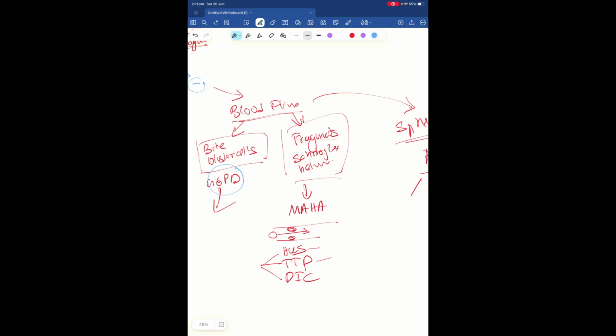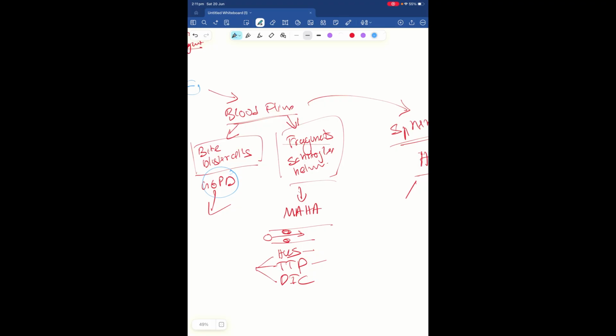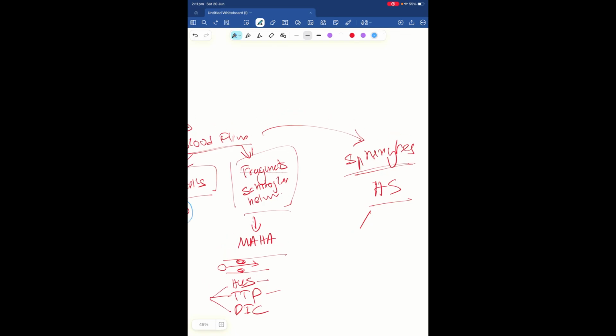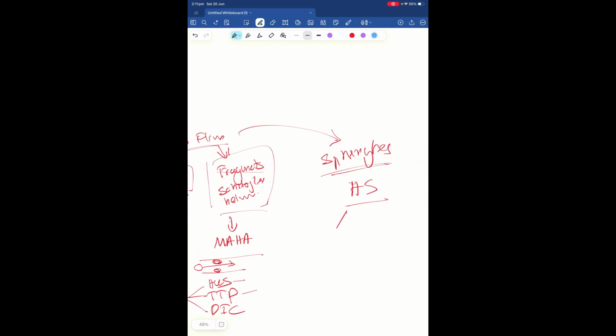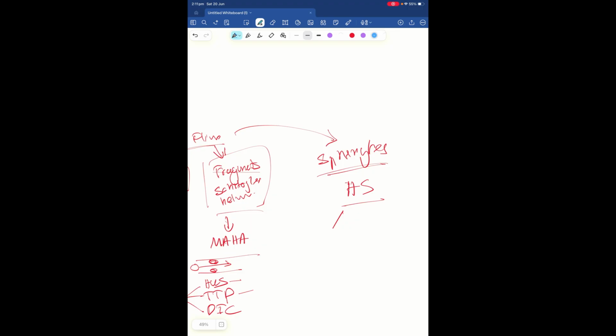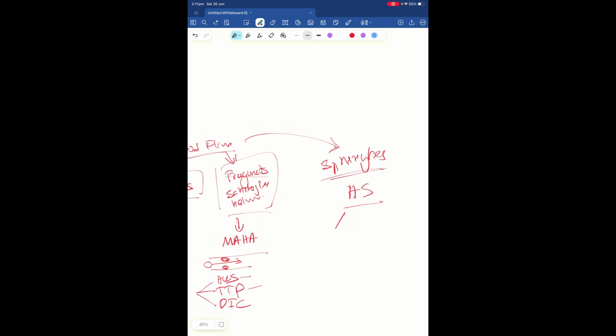It could be hemolytic uremic syndrome, TTP, or DIC. And if you see spherocytes and the DAT is negative, it's going to be hereditary spherocytosis. Could also be PNH, just remember that. To diagnose hereditary spherocytosis, it would be the EMA test or the osmotic fragility test.